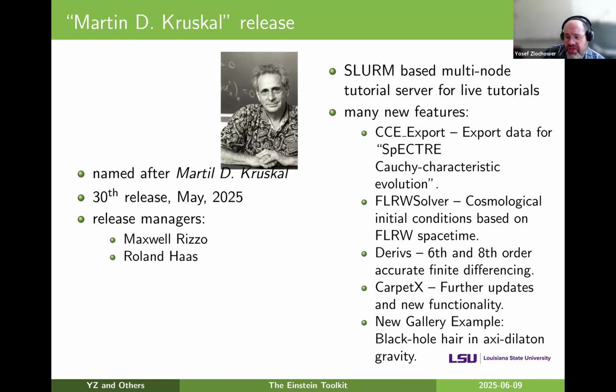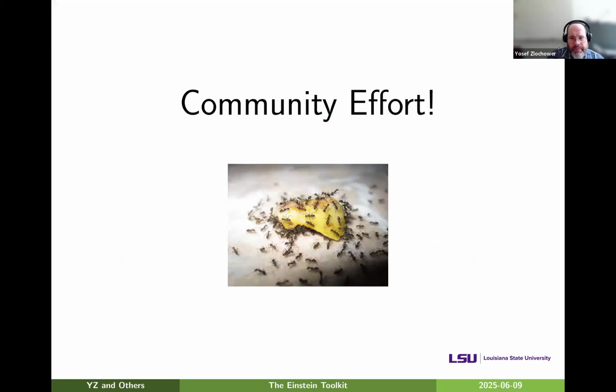There have also been some updates that will be more relevant to the users of the toolkit rather than just the introduction: there are new finite differencing algorithms. There's also a new driver, CarpetX, and we'll hear later on in the week about some really interesting things that could be done with this new driver.